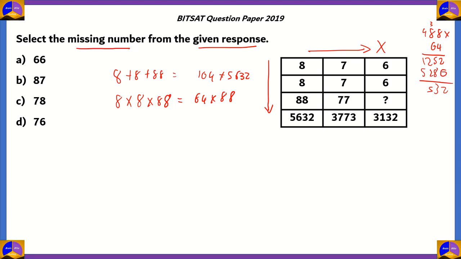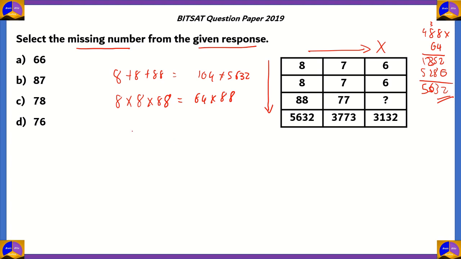So we have 35 in here. So 3 2 1s are 6. And then you have 5. So 5 6 3 2 is the product of 8, 8, and 88. So the last number in that column is the product of the previous elements in the same column.